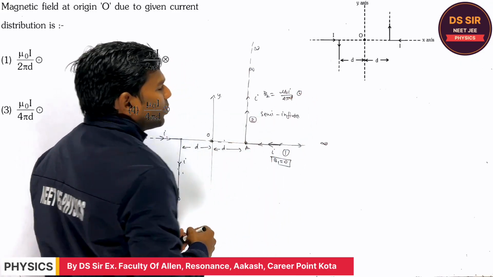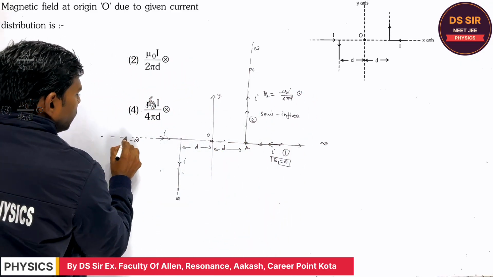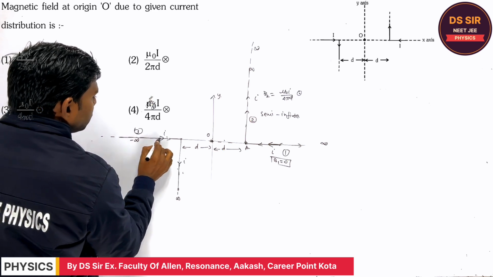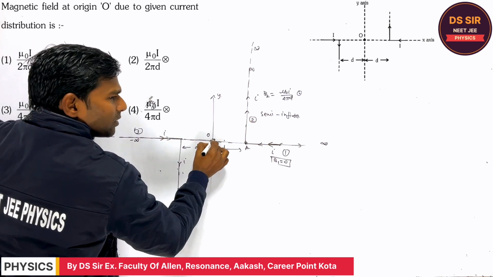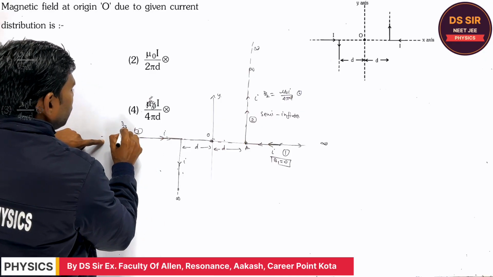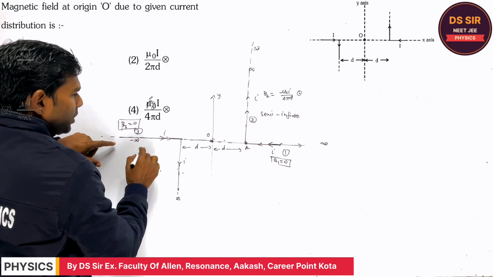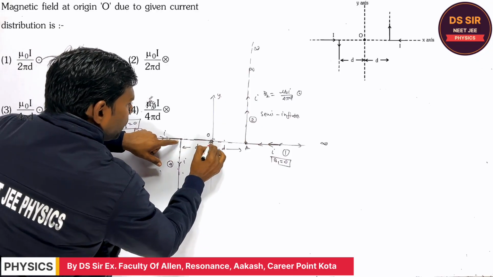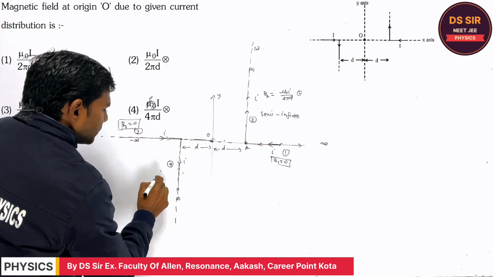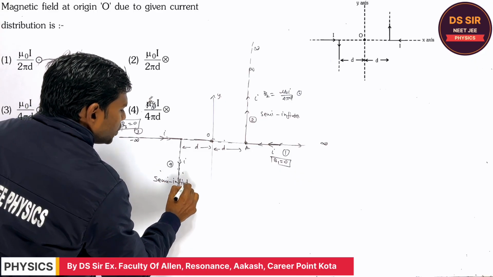It is out of the board. Is it clear or not? Yes. Now, if you consider this the third portion, the point O lies on the line of the wire. So due to the third portion, the magnetic field is 0. And now this is the fourth portion, this semi-infinite. So what is the direction?